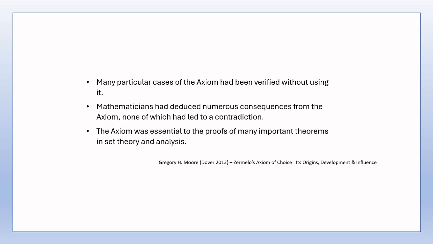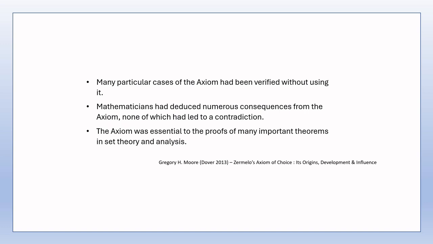Moreover, as time went on, the axiom was being used in more and more results within mathematics. It was becoming increasingly difficult for those mathematicians wanting to avoid use of the axiom to do so because they may use a result of another author in one of their own proofs, which somewhere had a dependence on the axiom. Thus, they were inadvertently using the very thing that they were so critical of.